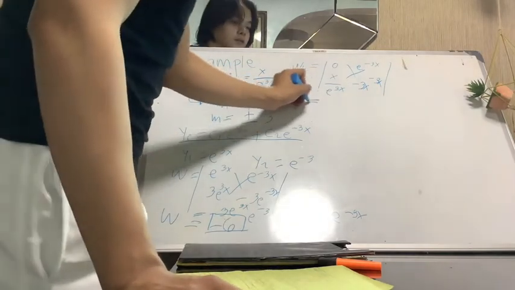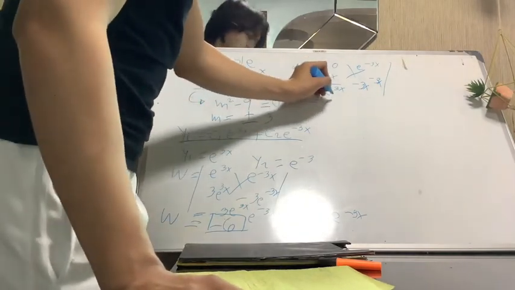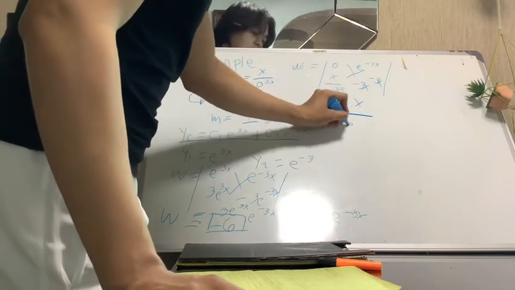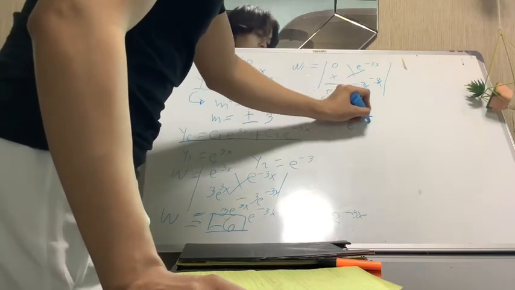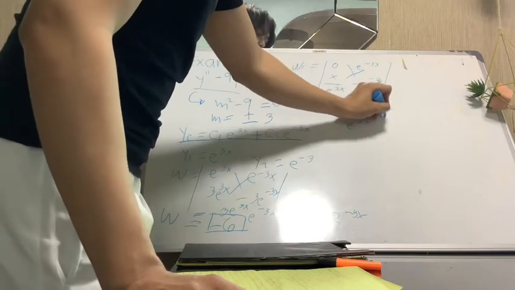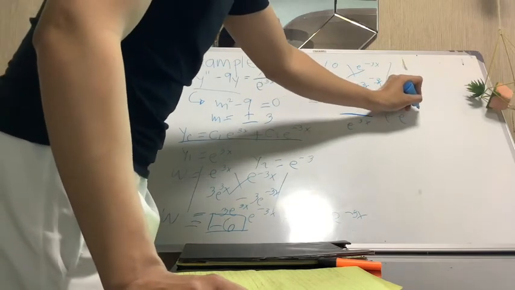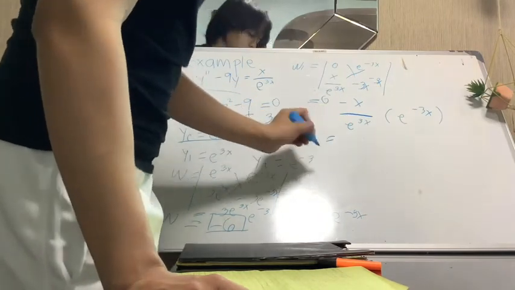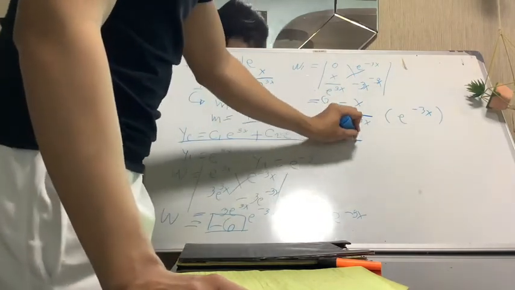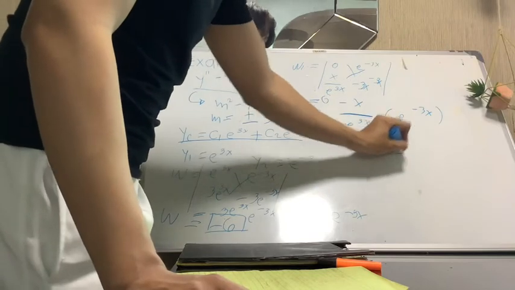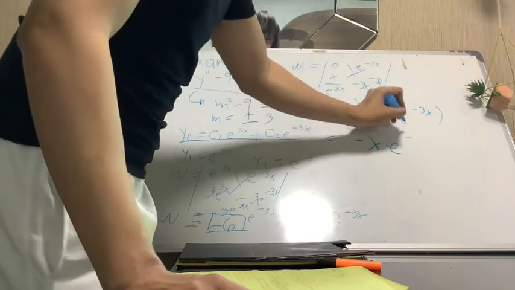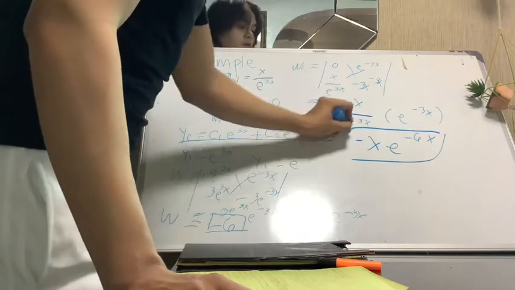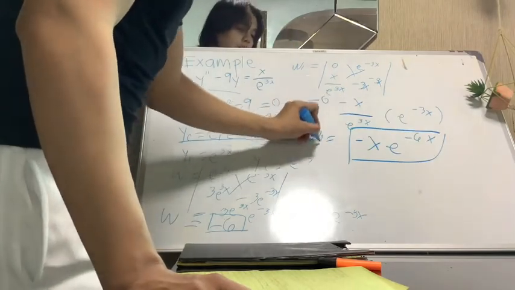And then the answer is 0 minus x e to the 3x. And then the answer is negative x e to the 6x. This is our W1.